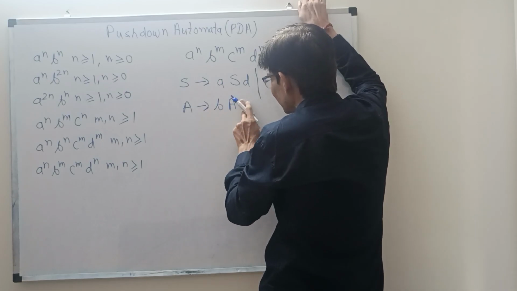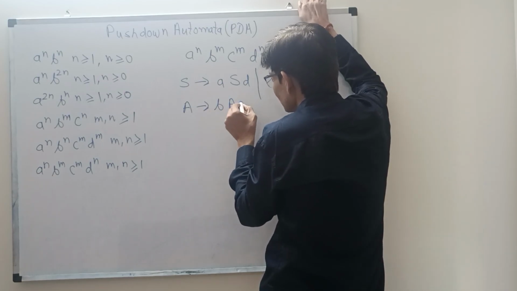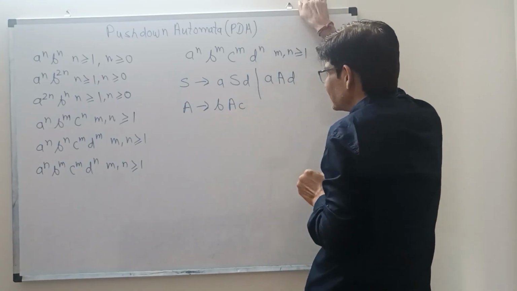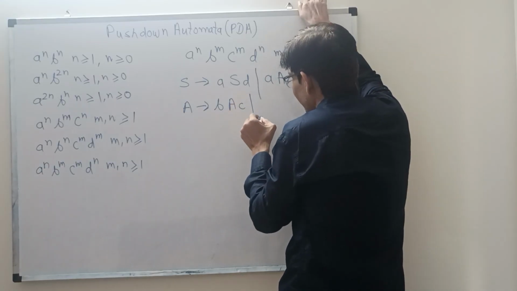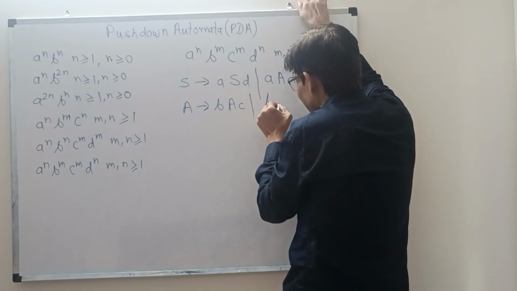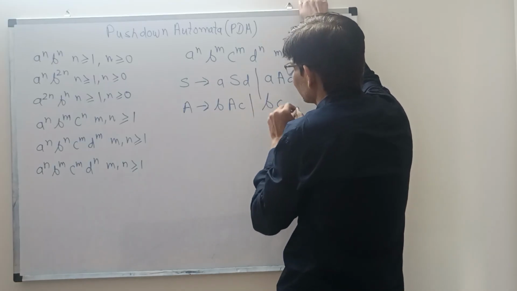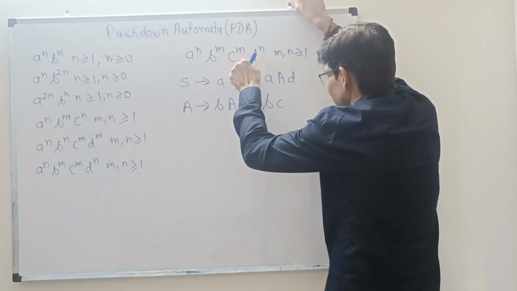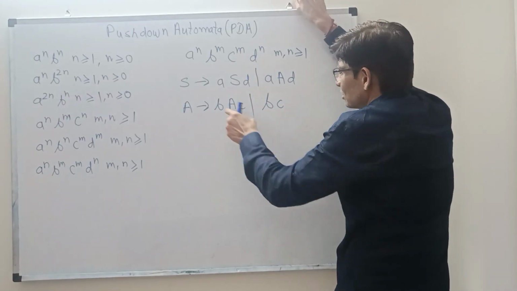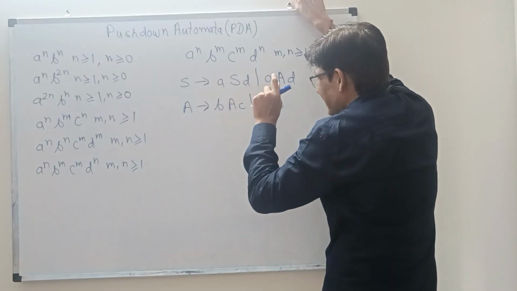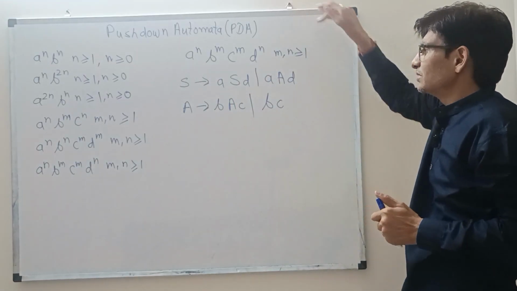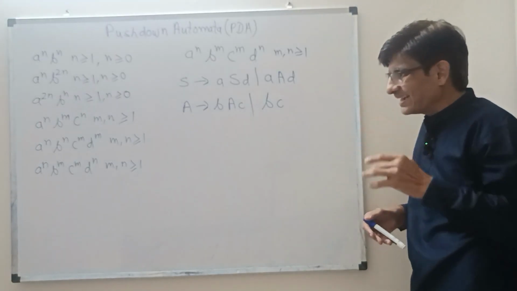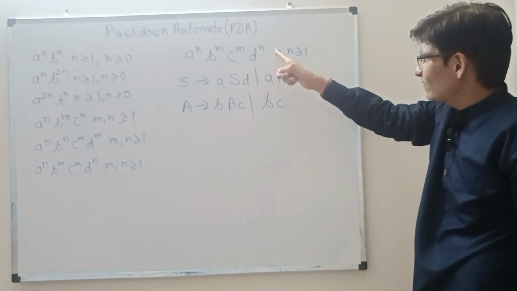If we are creating one B, we must also create one C. And this production will ensure at least one occurrence of B and C. As this particular language is not generating epsilon, this would be the grammar which is epsilon production free grammar. So this is how you can create grammar for this kind of language.